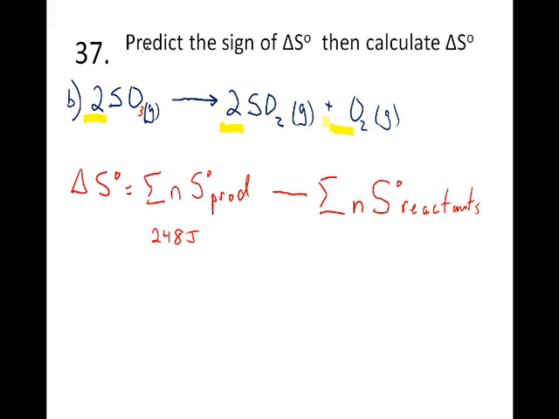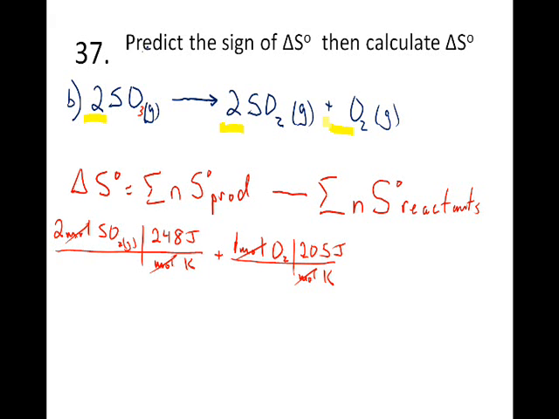So let's calculate that. We're going to use the same formula we used before. We're doing products minus reactants. And so here's our 2 moles of SO2 times its entropy, plus 1 mole of oxygen in the gas form times its entropy.